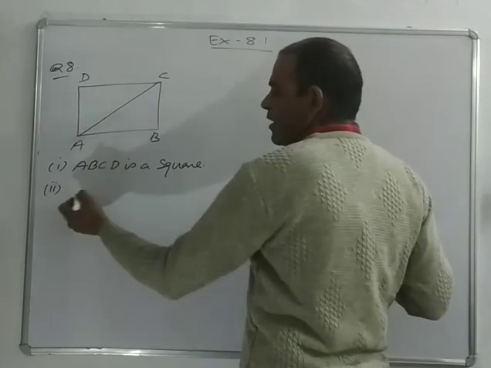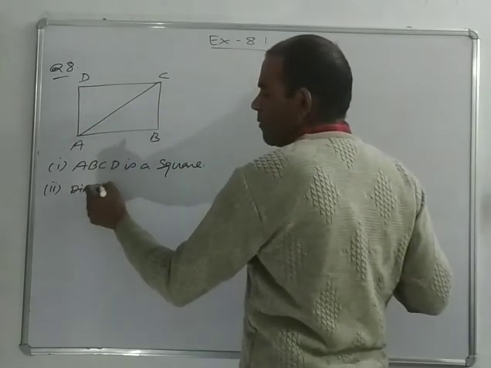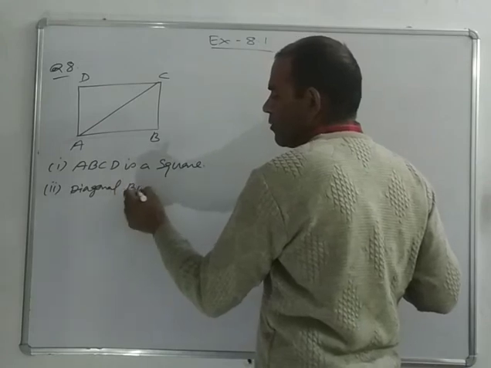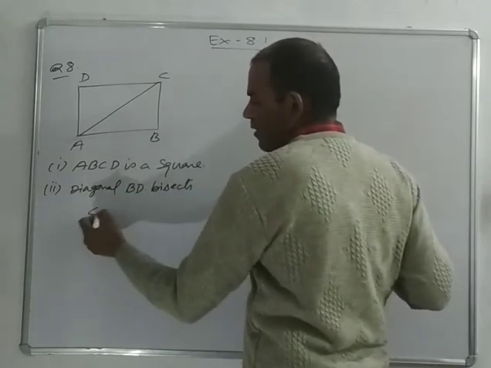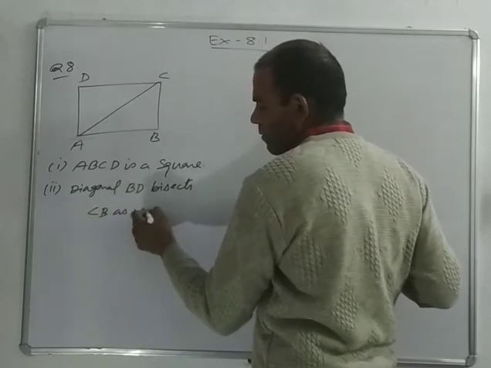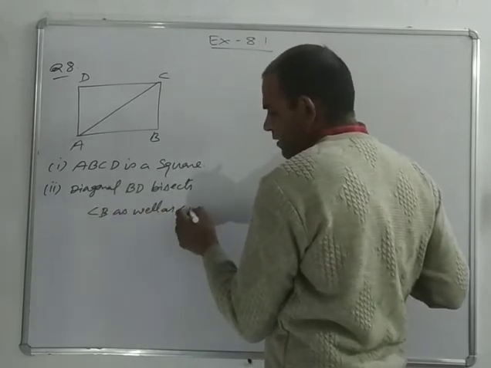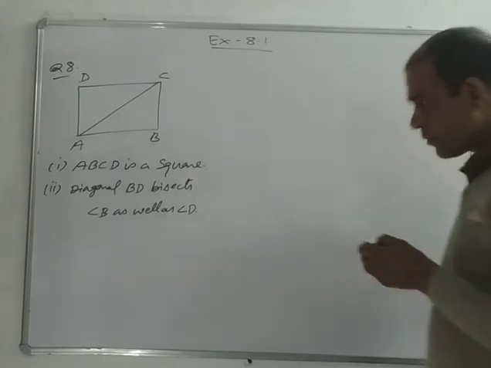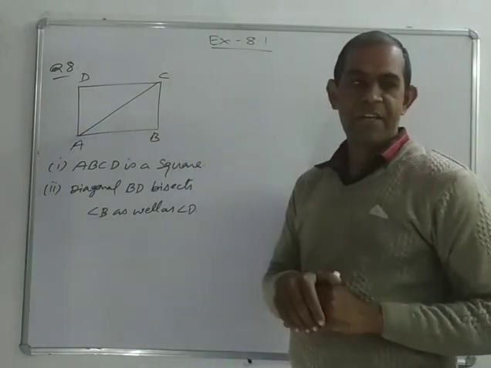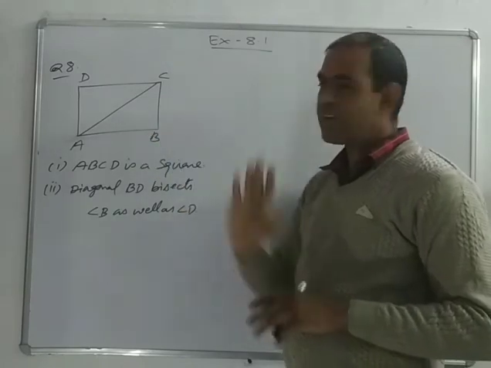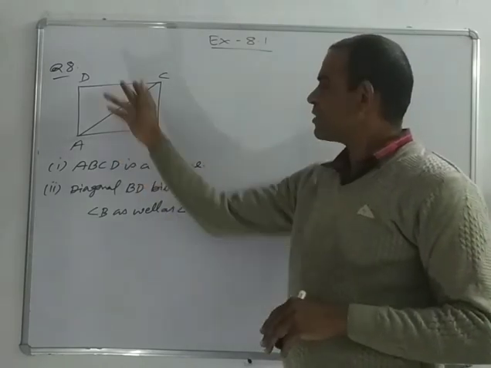And diagonal BD bisects angle B as well as angle D. This is to be proved. So first of all, ABCD is a rectangle and opposite sides are parallel and equal.